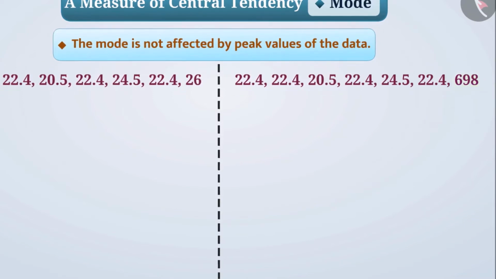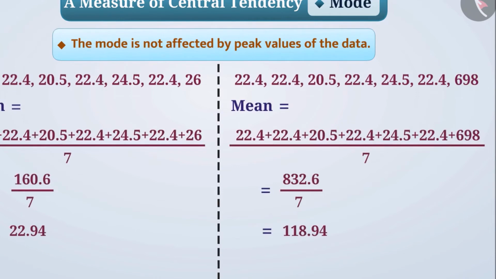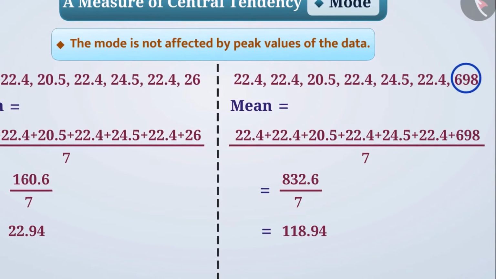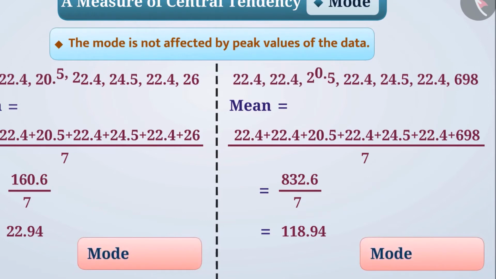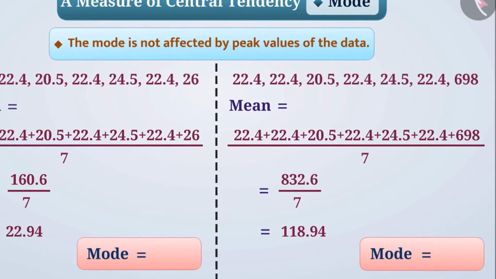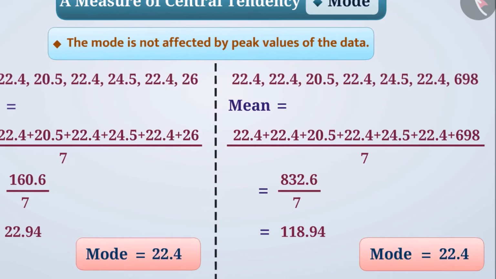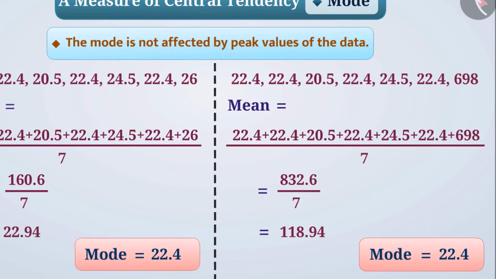If we find the mean of each group, we see that due to the extreme value 698 in the other group, changes are taking place in the mean. If we find the mode of these 2 groups, it is 22.4. You can see that the mode is more suitable here than the mean to represent the central tendency.